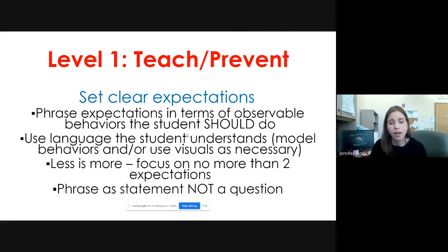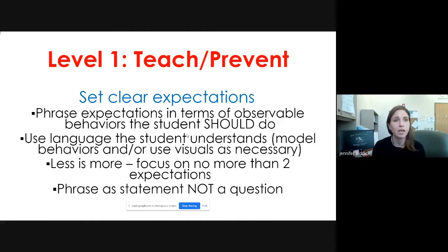Another antecedent strategy is to set clear expectations. So the first little bullet here, there's going to be some examples on the next slide, but just a little tidbit that we should phrase expectations as an observable behavior that the learner should do. Sometimes we might just assume that the learner knows what behavior we're talking about.